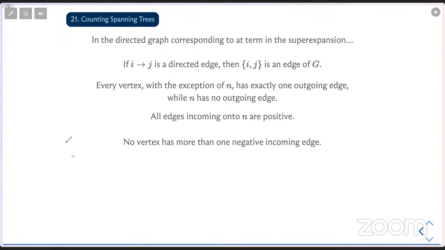If you have a vertex and you have two negative incoming edges, what does that mean? Let's say this vertex is I, and you have a negative incoming edge from J, and you have a negative incoming edge from K. What does that mean? Can you again contradict the permutation vibes that we have here?